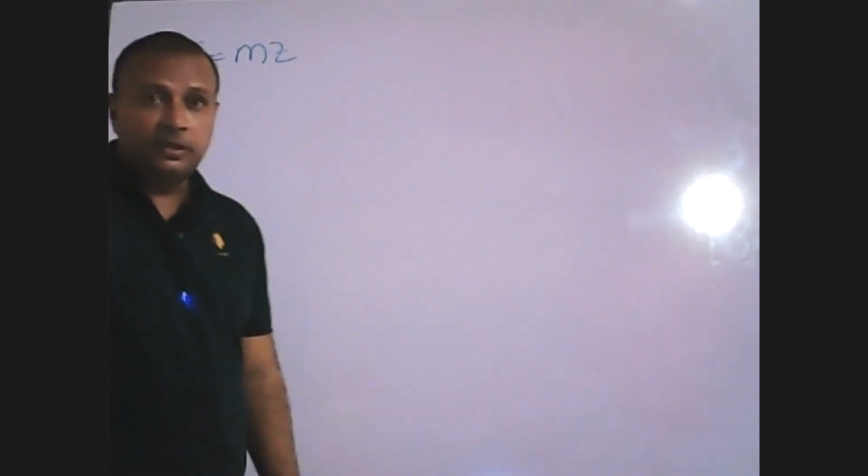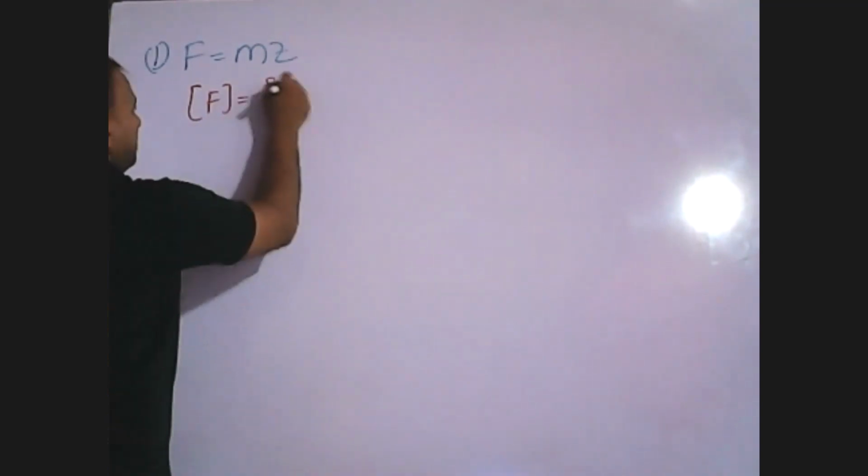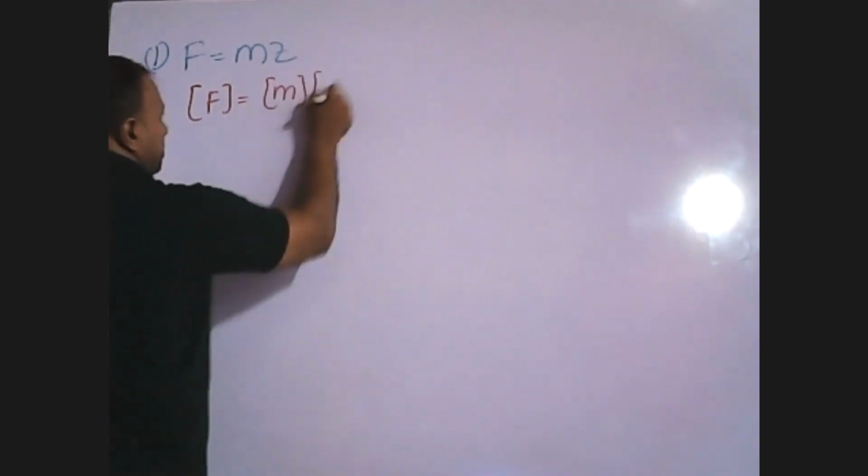If there are any mistakes or anything you have done wrongly, please correct them. First thing, this one. So, according to that, the dimension of F should be equal to the dimension of M into the dimension of Z.